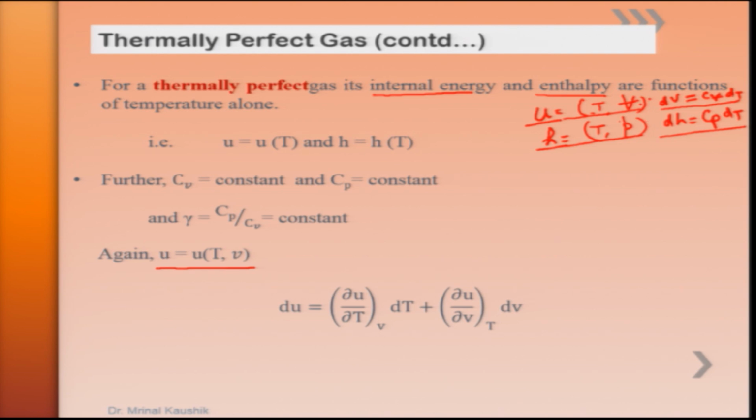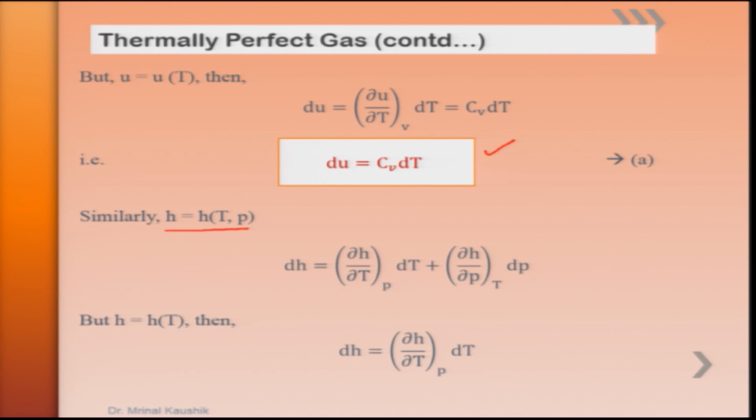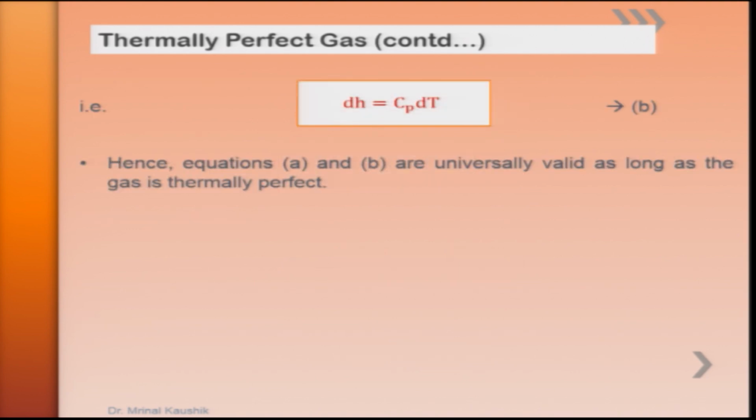However, when the gas itself is a perfect gas, both internal energy and enthalpy are dependent only on temperature, and then also we find similar expressions for internal energy as well as enthalpy. Therefore, we can say that both expressions, du is equal to C V dT and dH is equal to C P dT, are universally valid as long as the gas is perfect.